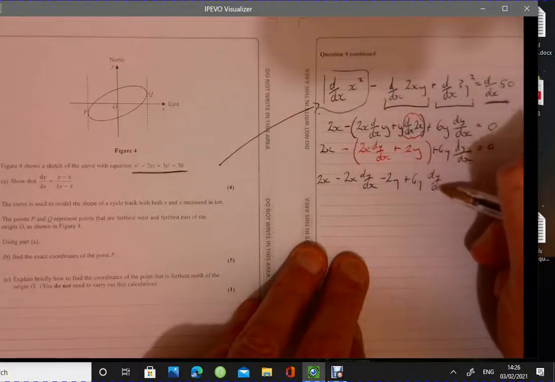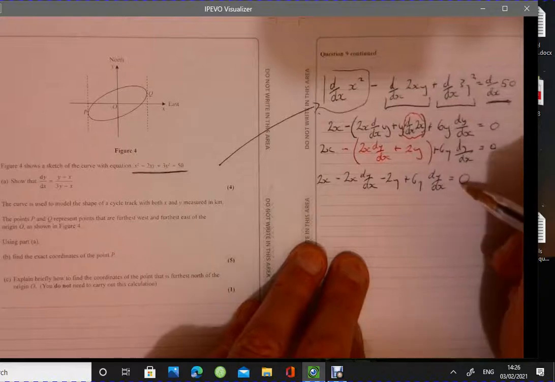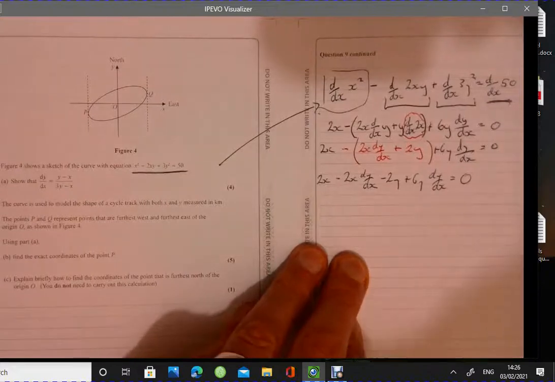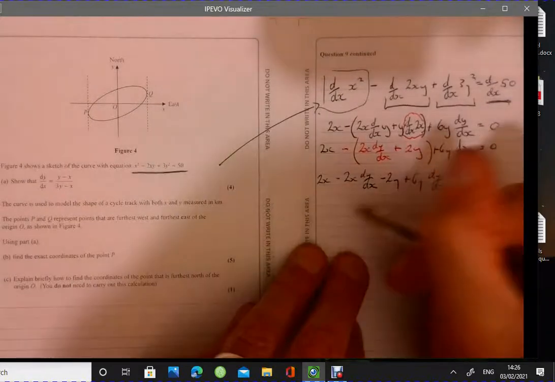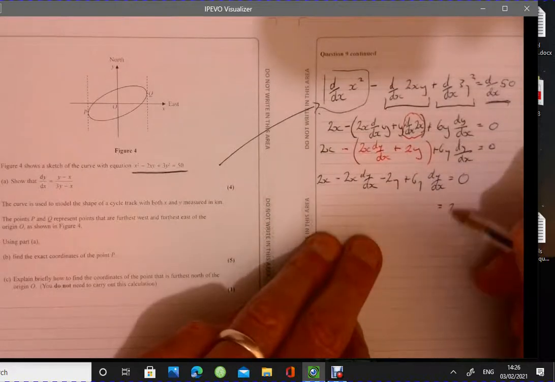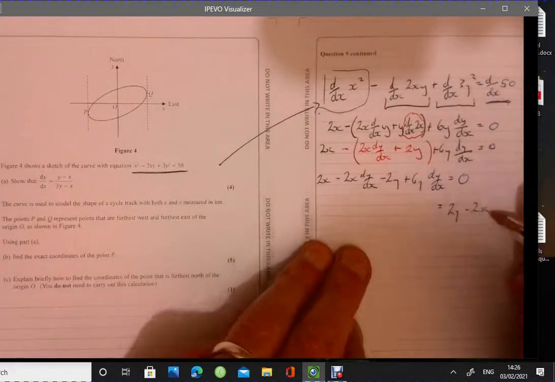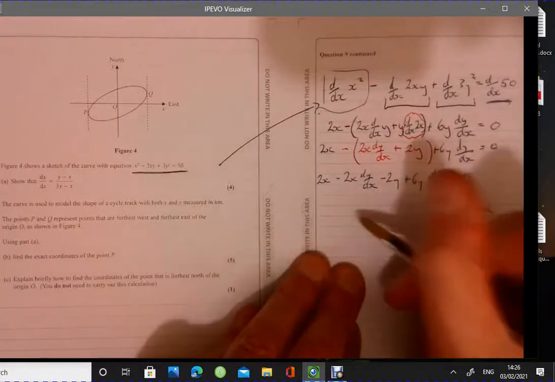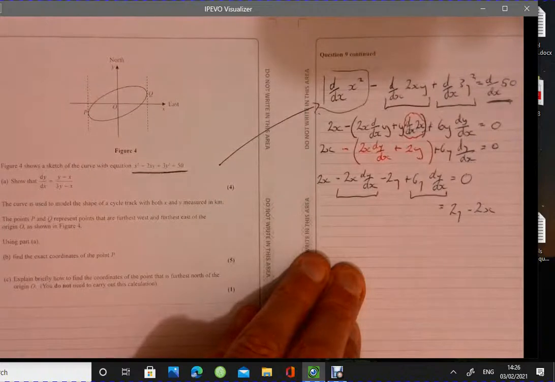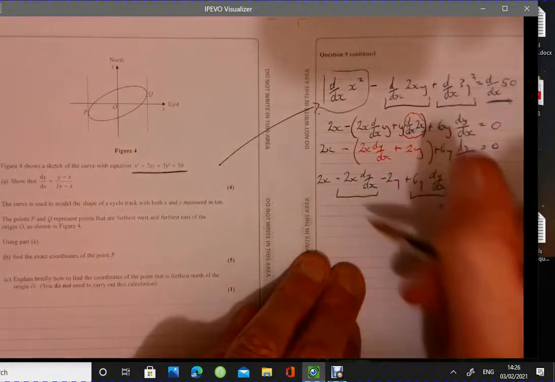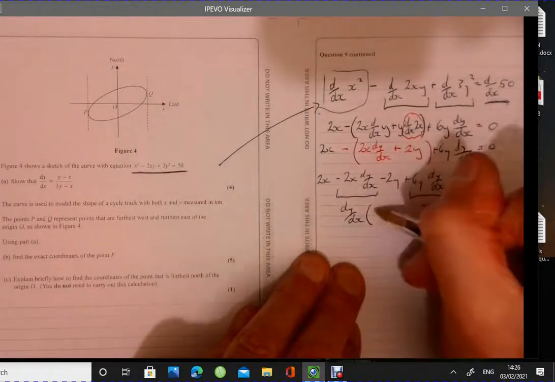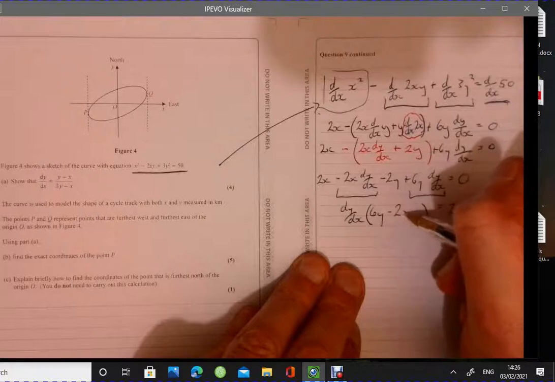Now the rest of the question isn't too bad, to be honest. We've done the worst bit of the question. So let's get anything that hasn't got dy over dx over on the right hand side. We'll add 2y, take away 2x, and that leaves us with that part there. I'm going to take out dy over dx as a common factor. So dy over dx, and that's going to give us 6y, take away 2x.